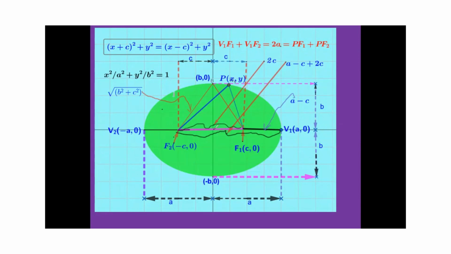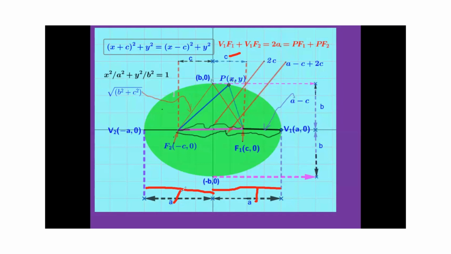The distance from the center, which is the intersection of the major and minor axes, to the focus equals C. This is the distance from the center to the focus, equals C. And also the distance from the center to F2 equals C. The distance from the center to V2 equals A, and the distance from the center to V1 equals A. This is the length of the semi-major axis.